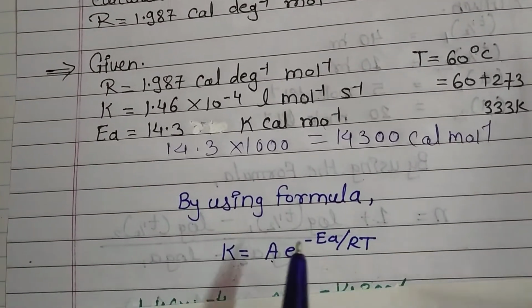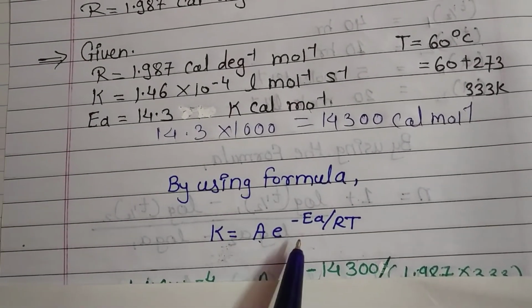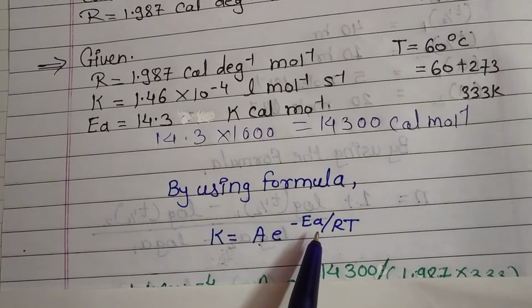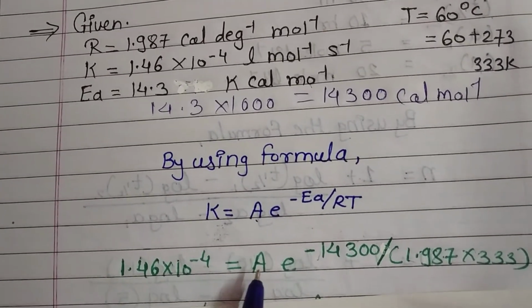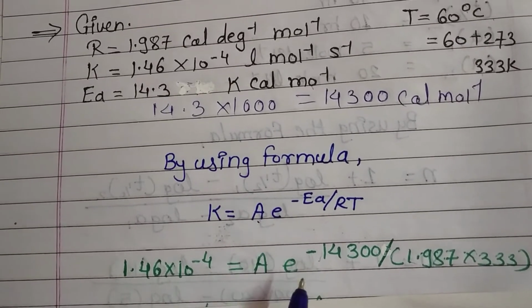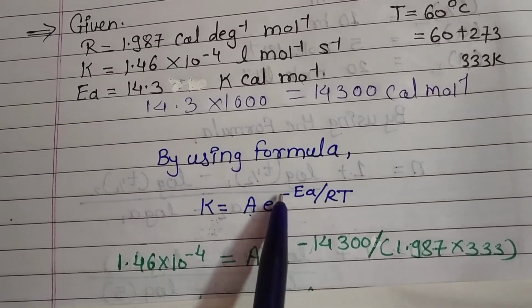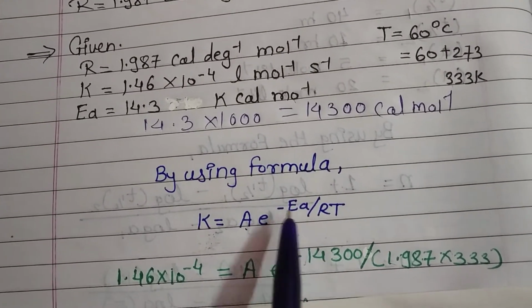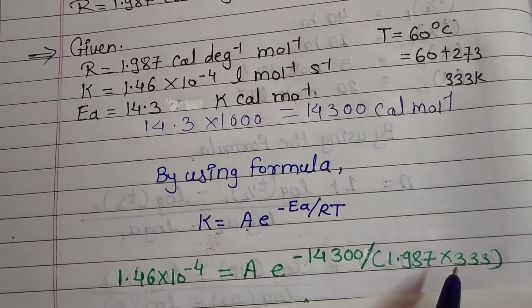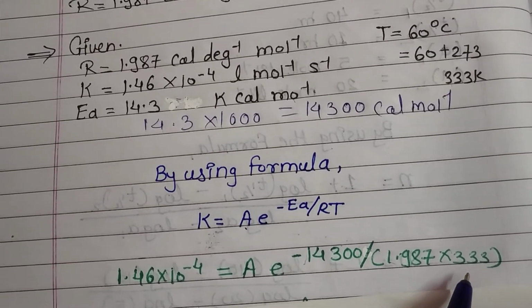Then by using the formula, K is equal to A into e raised to minus EA upon RT. K is given, that is 1.46 into 10 to the power minus 4. A we have to calculate. e we take as it is. EA is equal to minus 14300, R is equal to 1.987 and T is equal to 333.